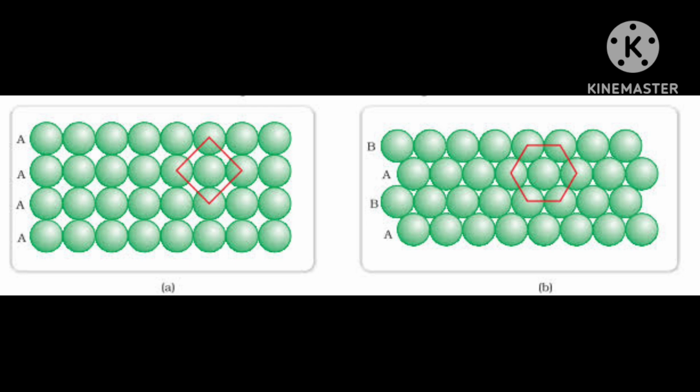Now in the second row, between the 2 spheres, above the 2 spheres, we will keep 1 sphere. Then in the middle one gap will be there.